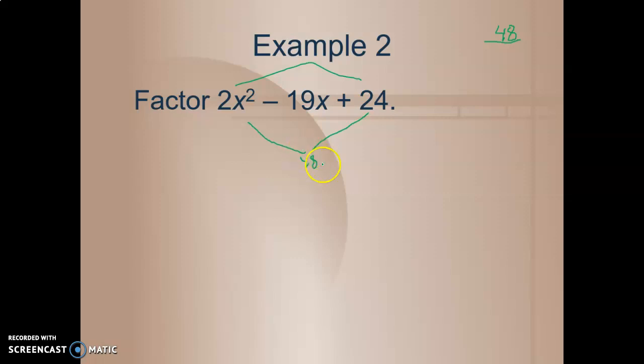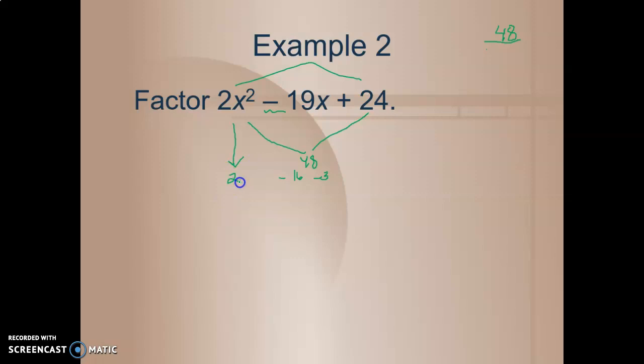And then they think of factors of 48 that sum up to negative 19. Well, I've got a negative 12 and a negative 4. That doesn't equal 48. I know that it's going to be negative because I've got a negative 19, but negative 16 and negative 3, when multiplied, equals 48, and when added, equals negative 19.